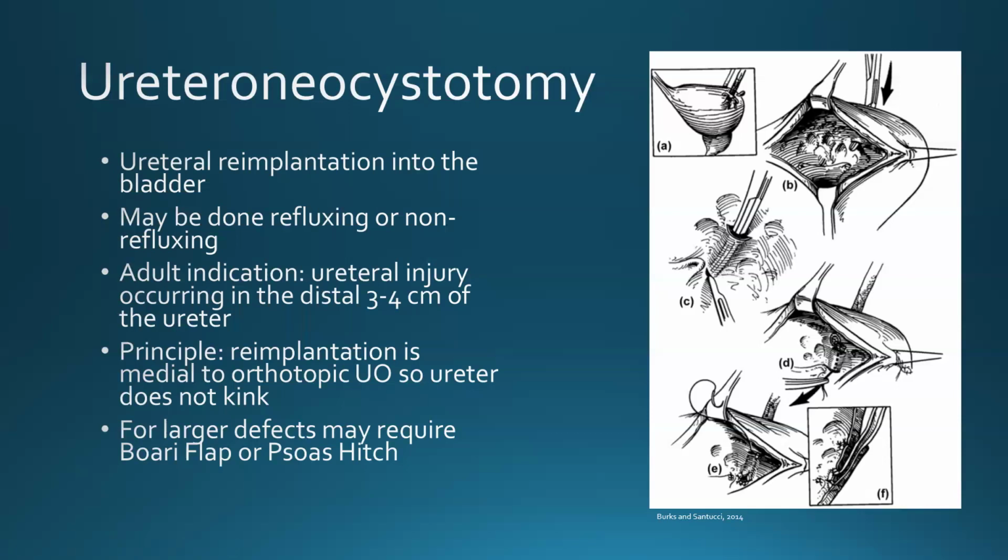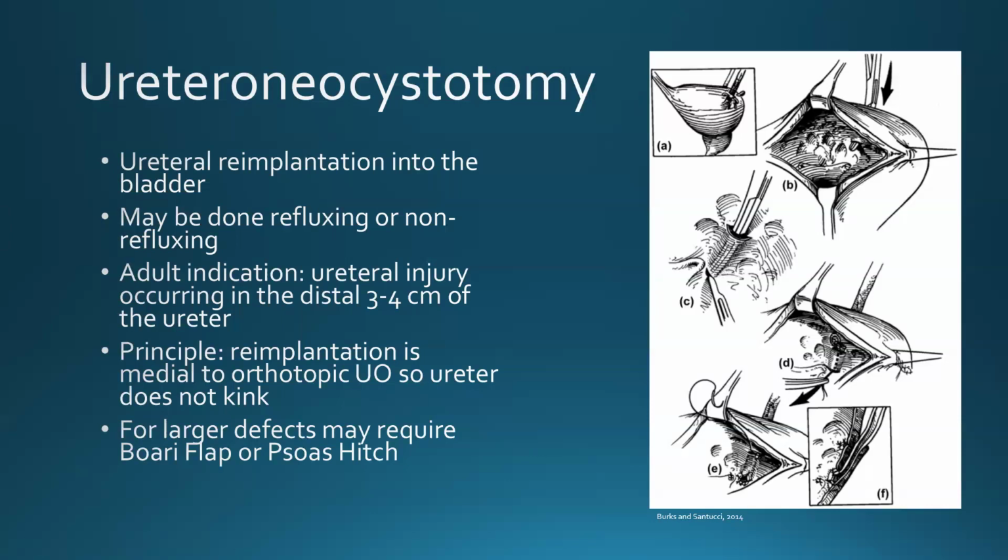This technique was initially described more in children, and that's why there is this non-refluxing option. The refluxing option is essentially used for adults and can be performed with modifications of what you are seeing here to the right. Studies have indicated that there's not a huge difference in adult patients, at least, whether you perform it non-refluxing or refluxing. They don't have a huge impact on renal function.